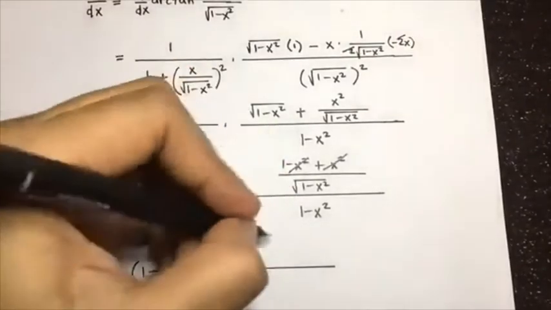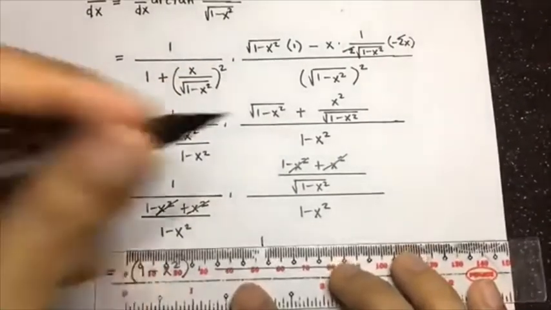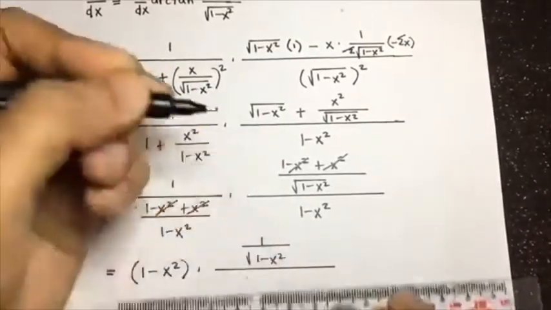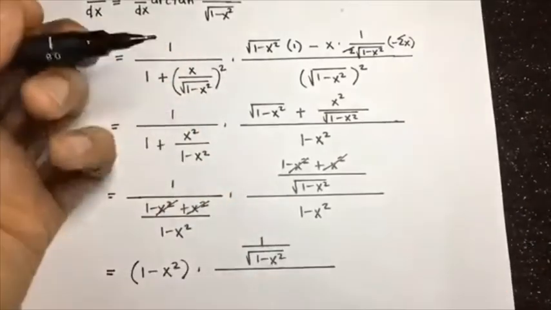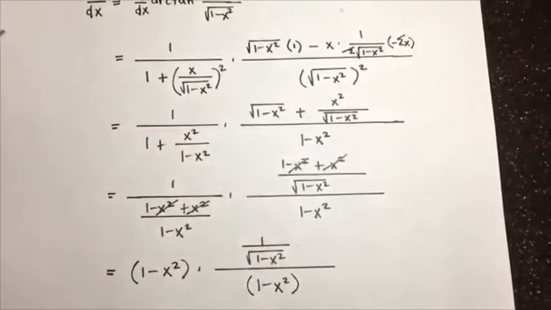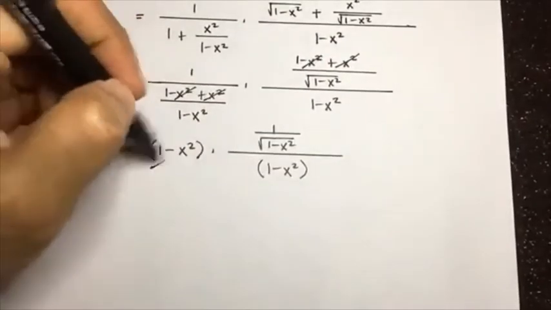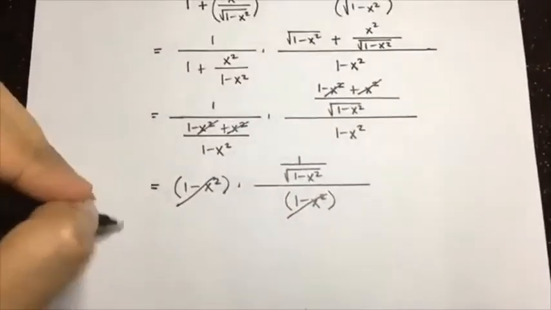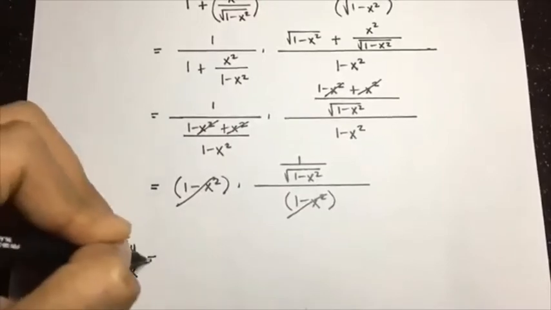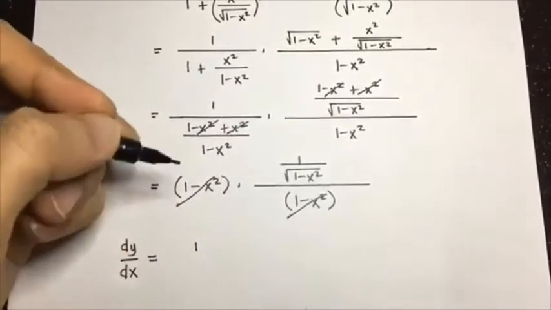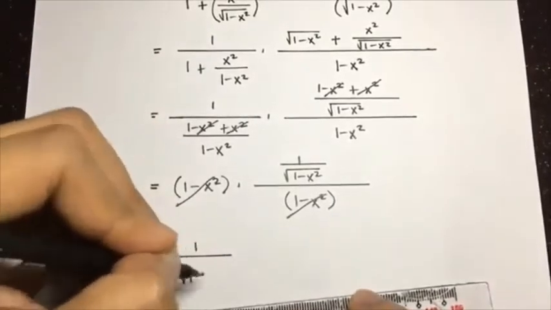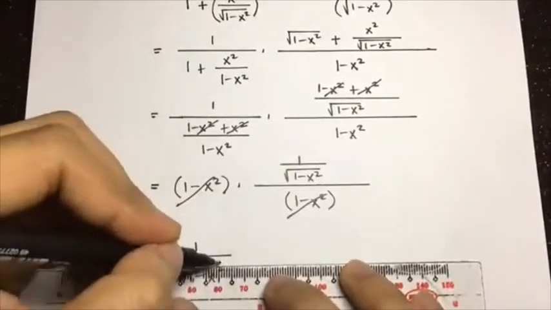So what will remain is 1 over square root of 1 minus x squared over 1 minus x squared. Okay, so we can cancel out 1 minus x squared, so therefore dy over dx is simply 1 over square root of 1 minus x squared.